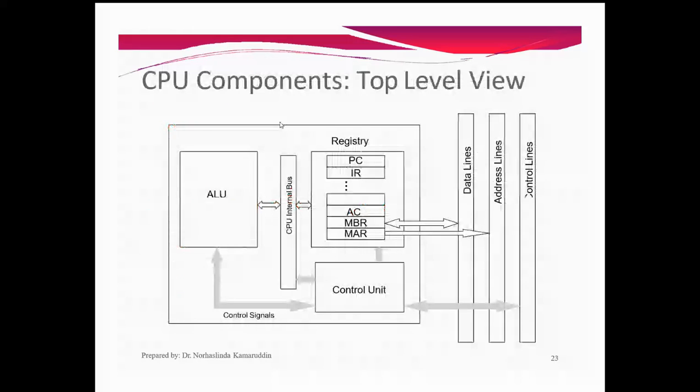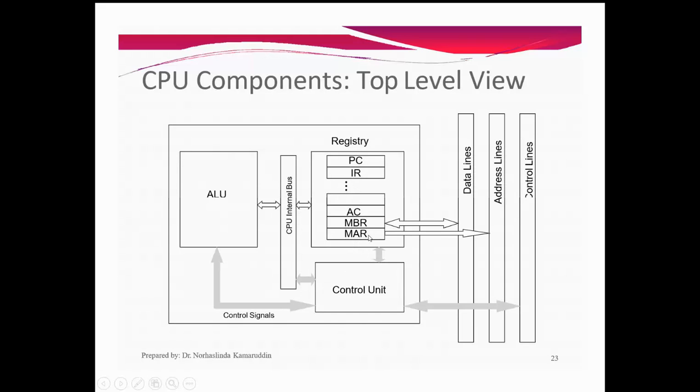So this is how you look into the CPU. We have zoomed in. Inside the CPU, we have the ALU, the control unit, and the CPU internal bus. And then you have the registers here. We have several types of register: the program counter, the instruction register, the accumulator register, the data register, and the memory address register.